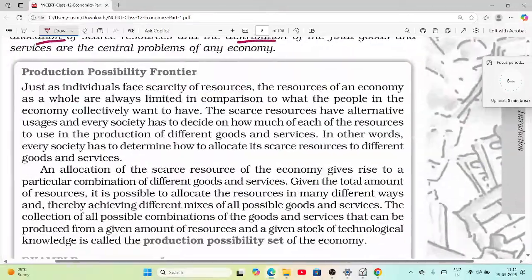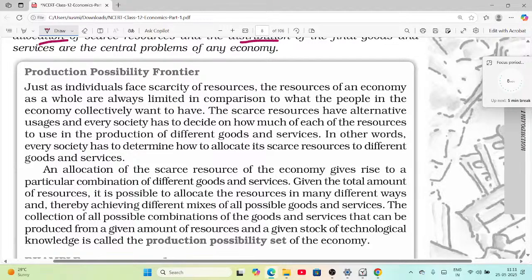Allocation and distribution. Next we have the production possibility frontier. Just remember, resources.